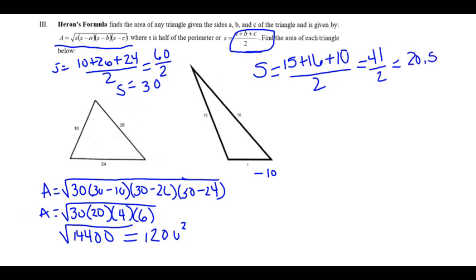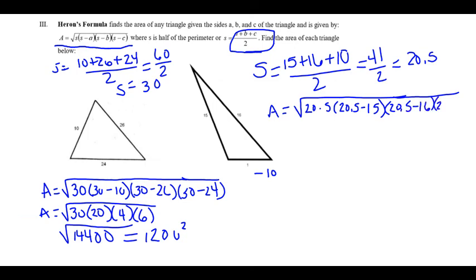So we'll do A equals 20.5 times 20.5 minus 15, 20.5 minus 16, and I'm going to have to scrunch it in, 20.5 minus 10. So 10 there.